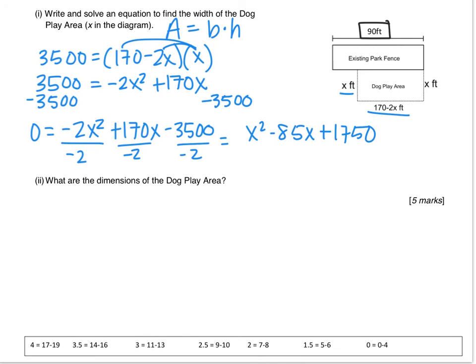So if we continue on with this new one, my B is negative 85, so opposite B is positive 85, plus or minus B squared, 7,225. So one benefit of dividing out that negative 2 is we already have some pretty big numbers, and so dividing it out keeps them a little bit smaller, a little manageable.